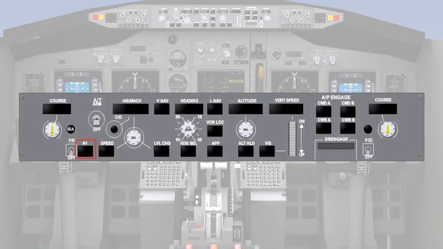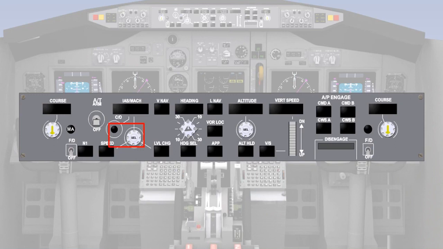The autothrottle is a computer-controlled electromechanical system that provides the crew with automatic thrust control from the start of the takeoff roll through climb, cruise, descent, approach, and go-around or landing. This is achieved by maintaining a value of thrust, which can be N1 or engine pressure ratio, or a value of airspeed, either indicated airspeed or Mach number.